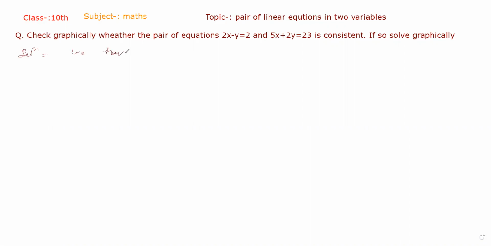We have 2x minus y equals 2 and 5x plus 2y equals 23. Now for equation 1. This is equation 1 and this is equation number 2.